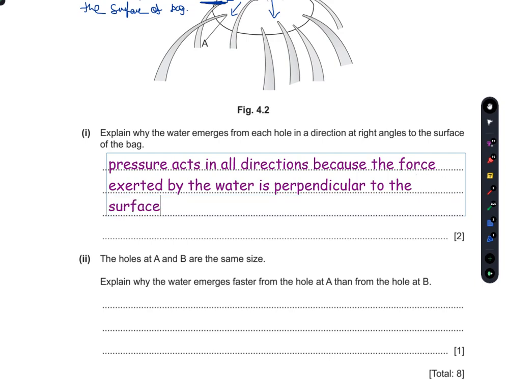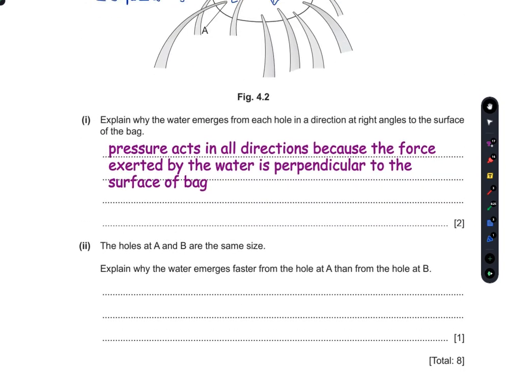The force is always perpendicular to the surface of a bag when there is water pressure in a closed container, and that's why the pressure acts in all directions, and it is a testament to Pascal's law. That's your answer.